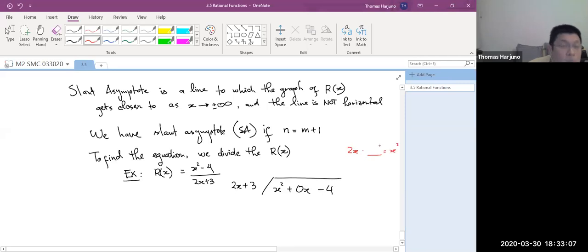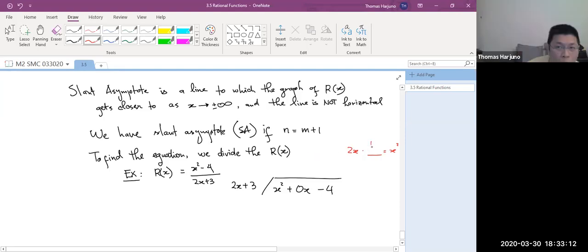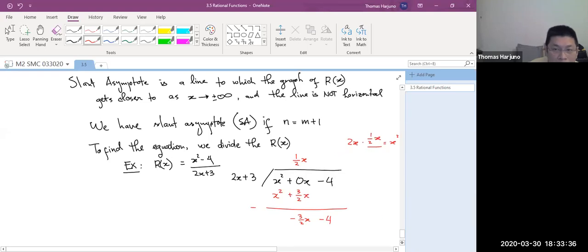Anybody can help? 1/2 x, that's right. Distribute to 2x, I get x squared as expected. Distribute to 3, I get 3/2 x. Then we subtract, and I get negative 3/2 x minus 4.